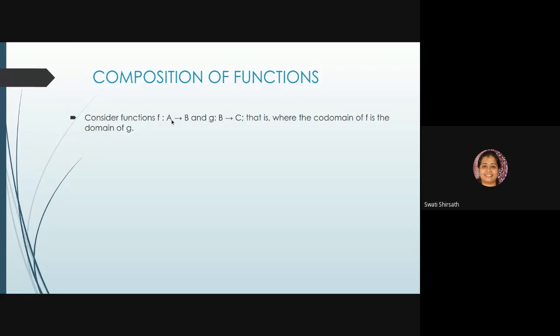So f has mapping from A into B and g has mapping from B into C. So here the composition of functions, we call it a new function from A to C, called the composition of f and g, and it is written as g of f. Okay, because to this g we are giving input as f, so that is why it is g of f.